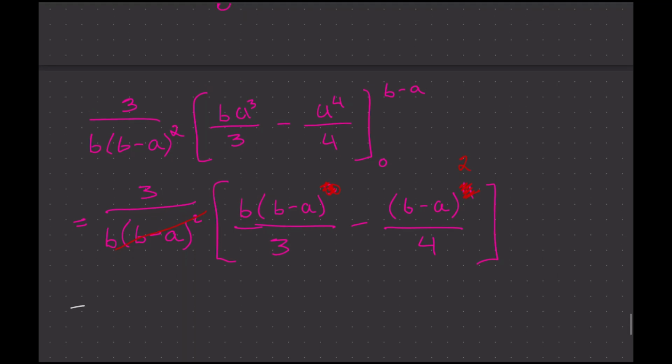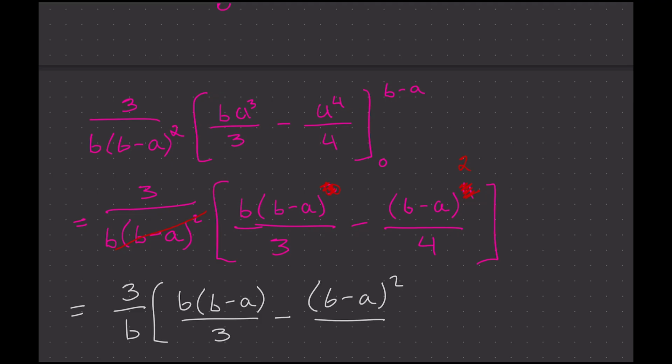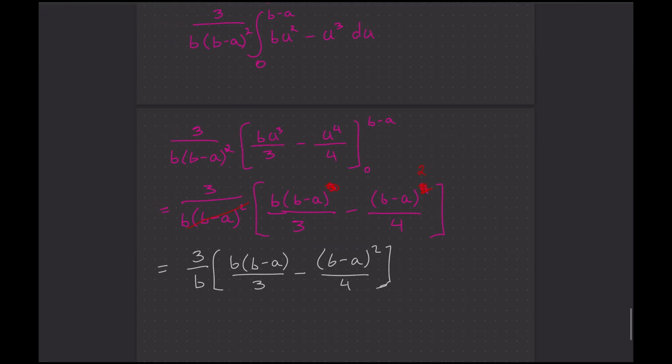Let's just simplify here. So here we have 3 over b, and now inside what we have is (b − a)³ minus (b − a)² over 4. Holy guacamole, guys.